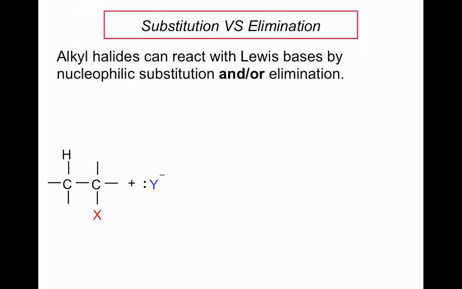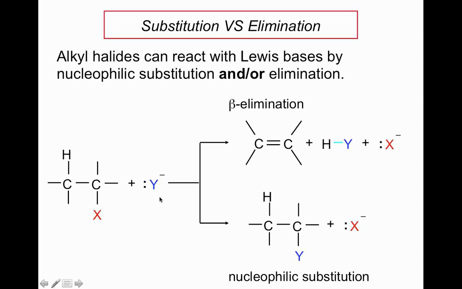Now, prior to covering substitution mechanisms, we discussed elimination mechanisms towards the beginning of the quarter. I've said in a couple of instances that substitution and elimination are competing reactions. In any case where you have an alkyl halide combined together with the nucleophile, two possible types of products can occur.